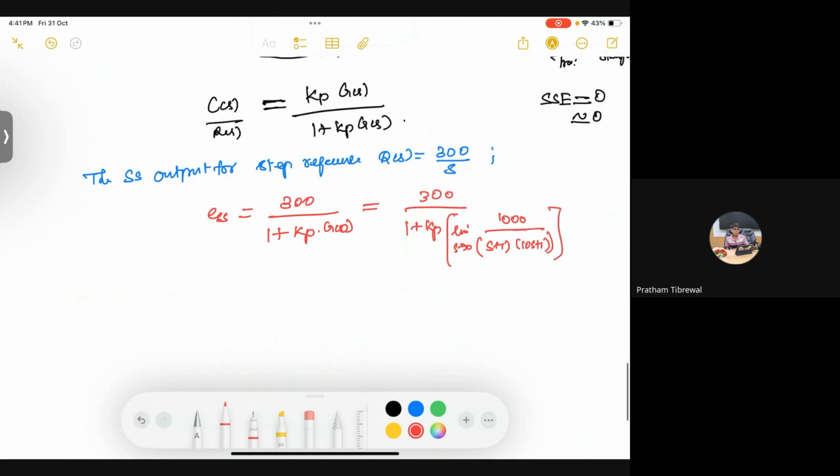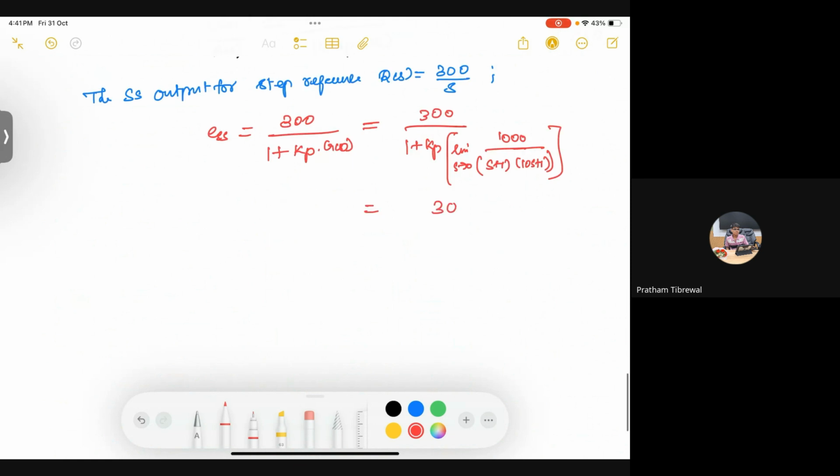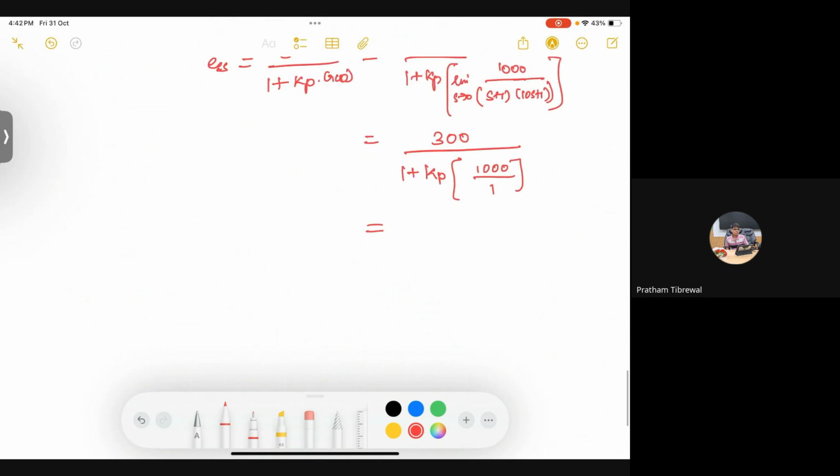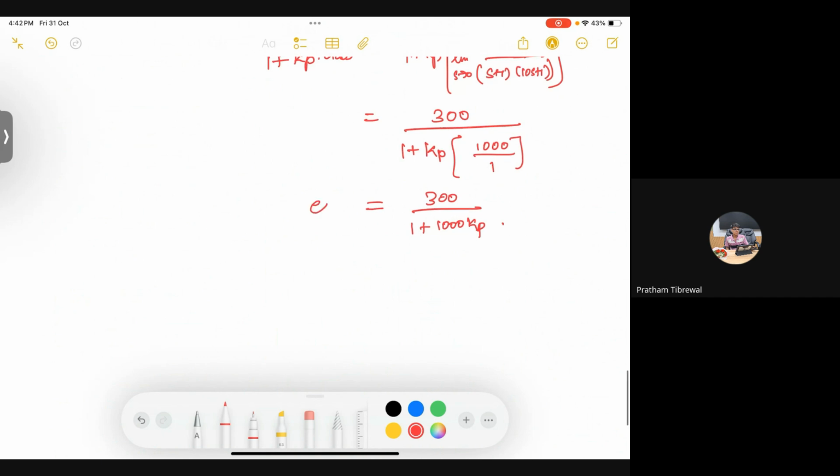If I put S equal to 0 here, it will be 1000 divided by 1, right? So now this will give me 300 divided by 1 plus 1000 Kp. So this is my steady state error.